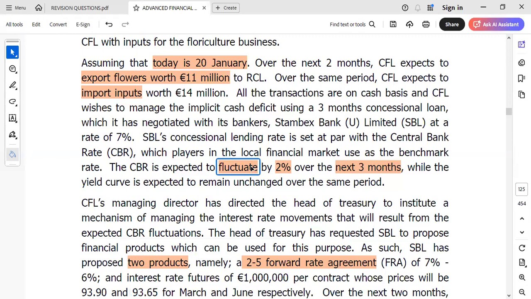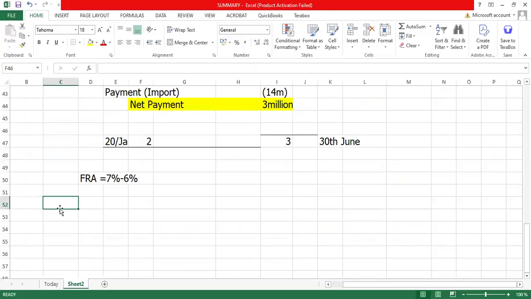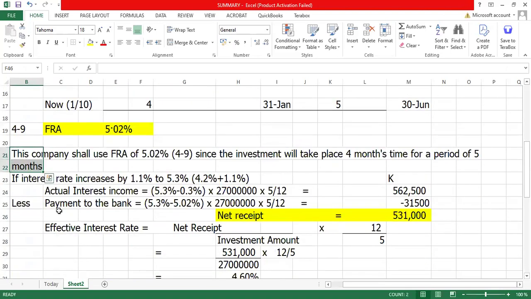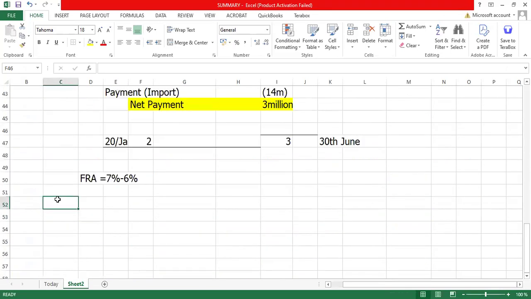That's why you need to look at 2 options. So you will say, if the interest rate fluctuates, I don't want to repeat this statement.